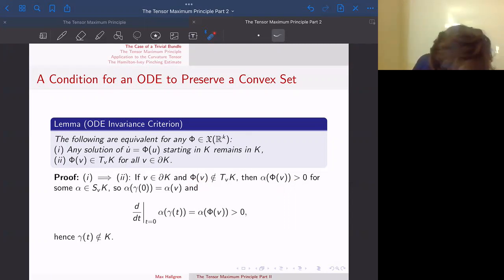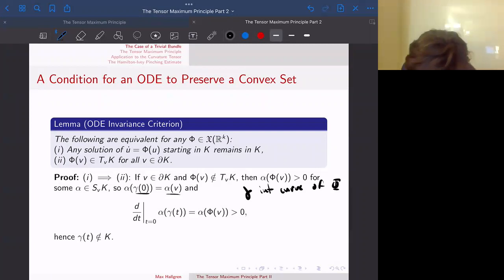Okay, and we know since V is in the boundary that, let me explain what I mean by this. Here gamma is going to be an integral curve of phi starting at V, let's say. Okay, so that explains this.